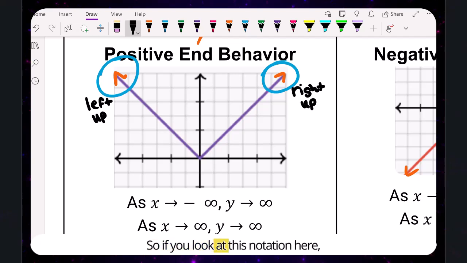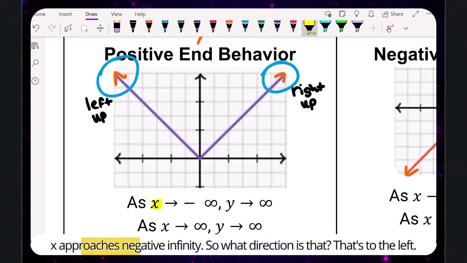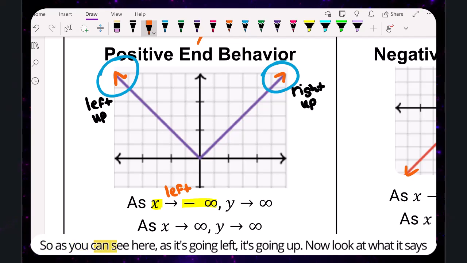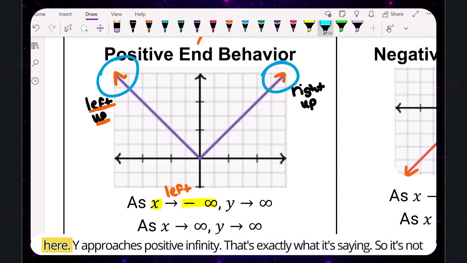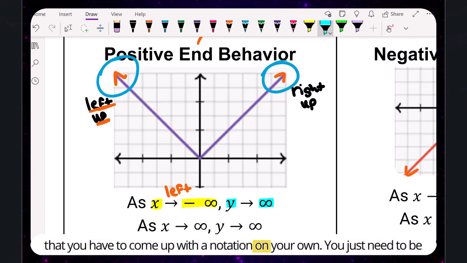So if you look at this notation here, X approaches negative infinity. So what direction is that? That's to the left. So as you can see here, as it's going left, it's going up. Now look at what it says here. Y approaches positive infinity. That's exactly what it's saying. So it's not that you have to come up with this notation on your own.